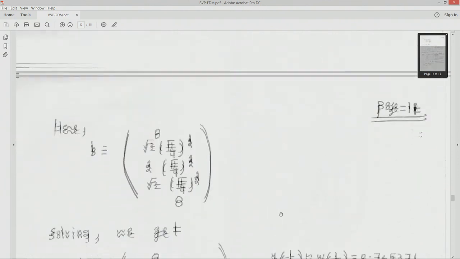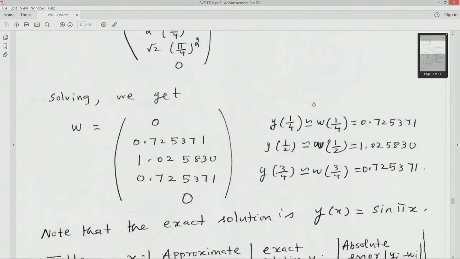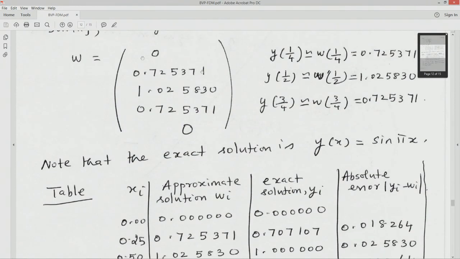system with the right hand side vector B given by this, and we observe that the solution vector W is given by this, which tells us W0 is 0, W1 which is an approximate solution at x1 which is 1 by 4, namely y at 1 by 4 is approximated by W at 1 by 4, and that is given by this.